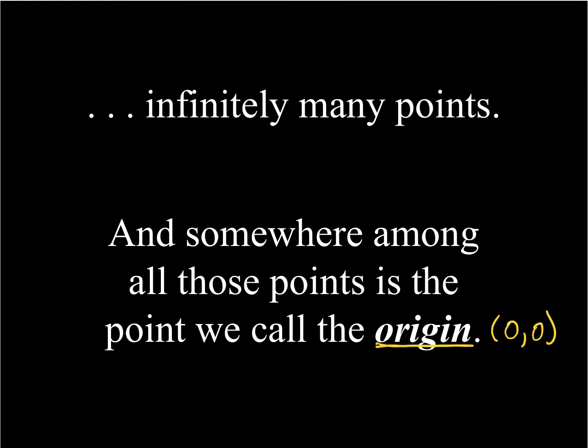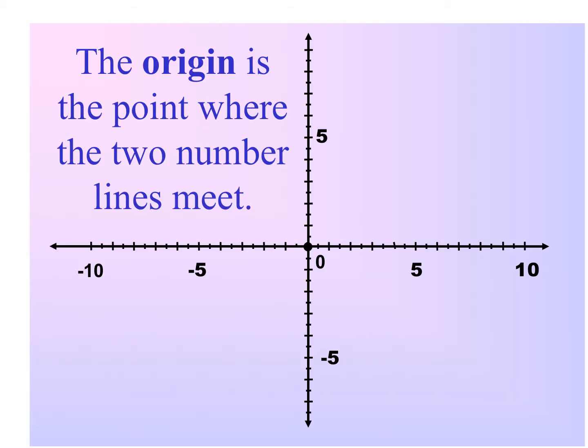And you can draw yourself a little origin, right? And add a dot there so you remember. This spot in the middle is the origin, 0, 0. Just like we just said, the origin is what? The 0, 0.